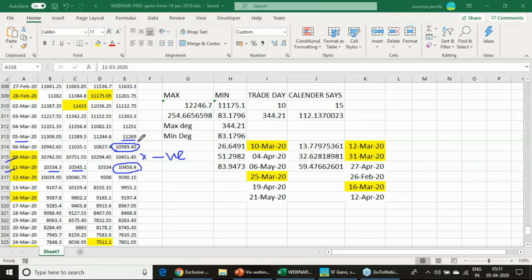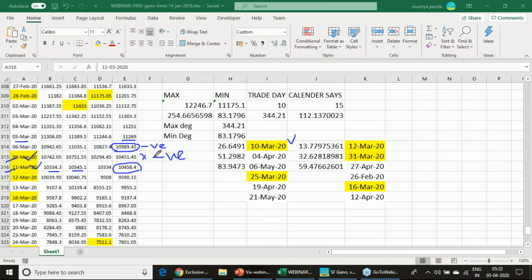Its earlier day, 6th March, was a negative closing day. 9th also was a negative closing day. But this trend reversal date of 10th March has neither worked for the 9th nor for the 11th. These 2 days it has not worked. So now move to 12th March. 12th March is also a trend reversal date. Whether this is going to work or not, let me see.